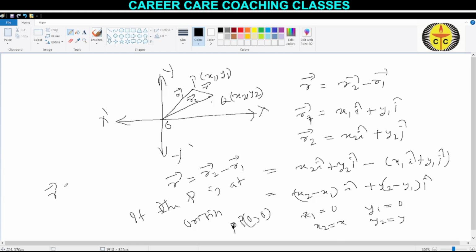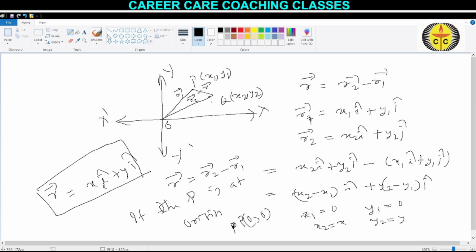So we can write R is equal to x i cap plus y j cap. This will be the displacement when one point is the origin.